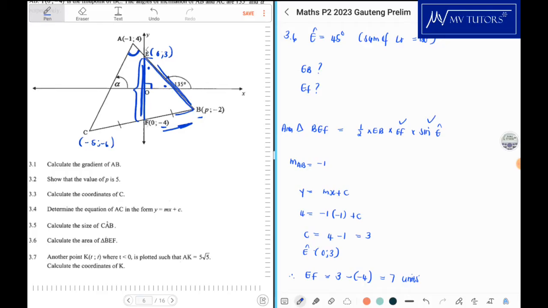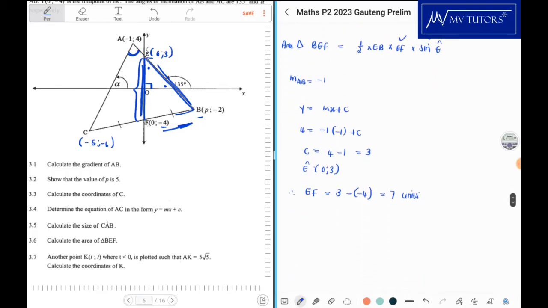Now we're left with EB. EB, we're just going to use our distance formula. So the x-coordinate of B, which is P, which we found to be 5, minus the x-coordinate of E, which is 0, and we square it. And then we add the y-coordinate of B, which is -2, minus the y-coordinate of E, which is 3.